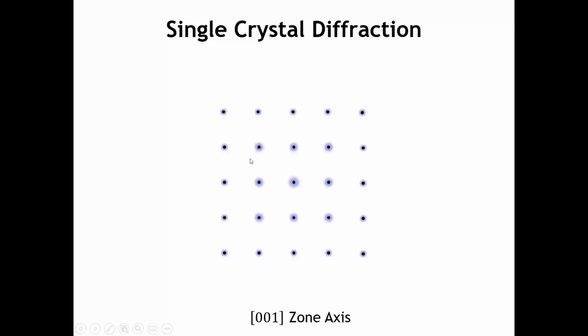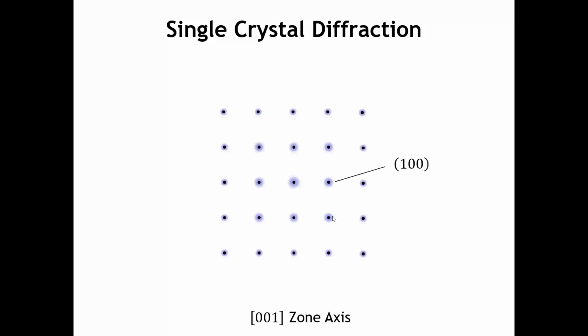And when we look at this diffraction pattern, we can see that the pattern is a square pattern. And so that tells us that the cut through the reciprocal space lattice that's perpendicular to this beam has square symmetry. And that tells us that the crystal is either a cubic crystal or a tetragonal crystal. So that's a huge help in trying to figure out what is the size and shape of our unit cell.